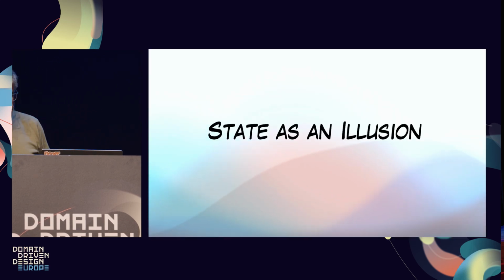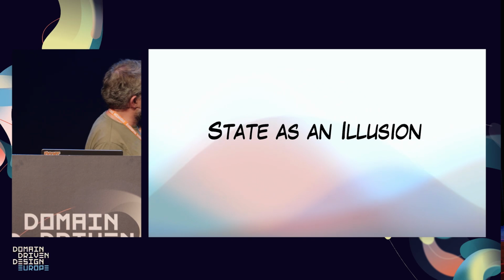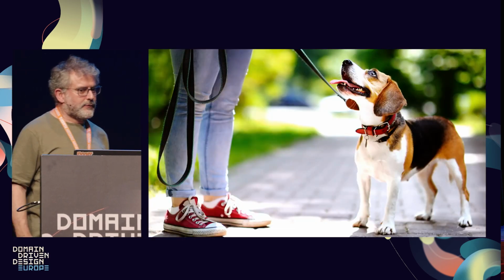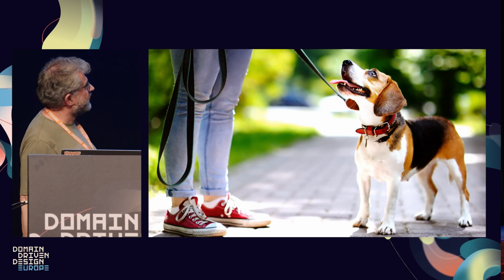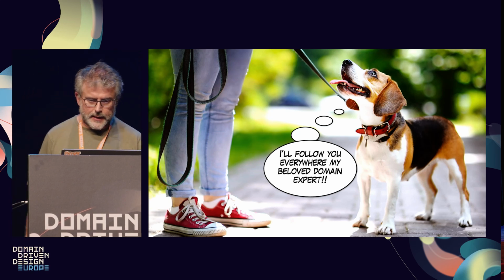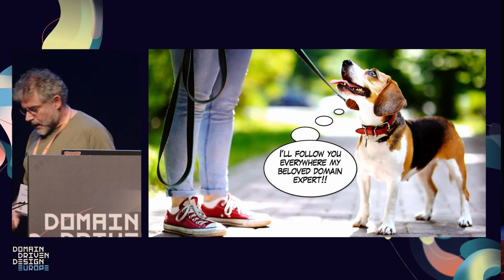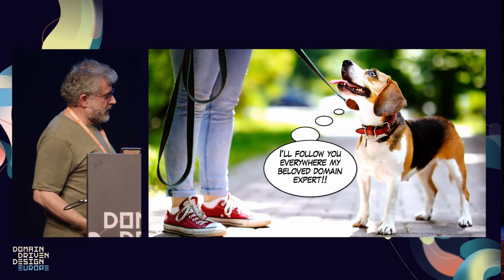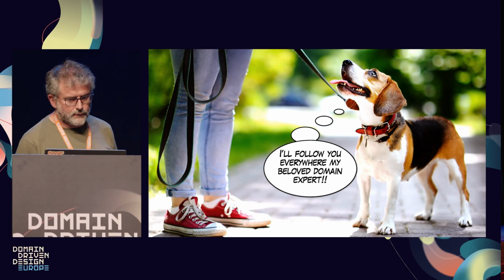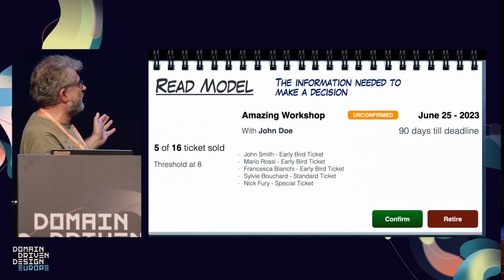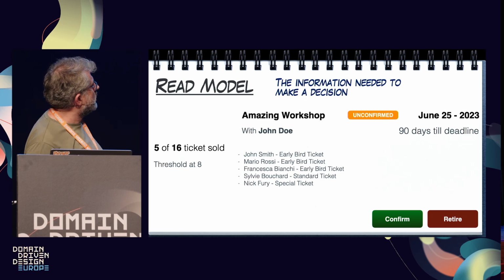The other part of this story is this one, state as an illusion. And this is still part of what we can do with the domain expert and following them anywhere. Discussing managing the current state of public trainings, one common situation is we would like to see almost everything, but we would like to see the best summary.